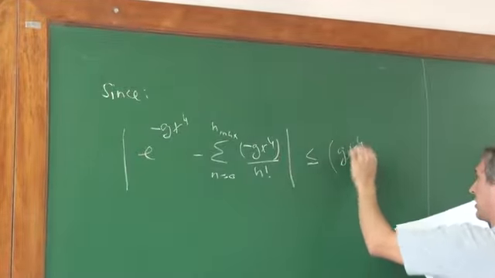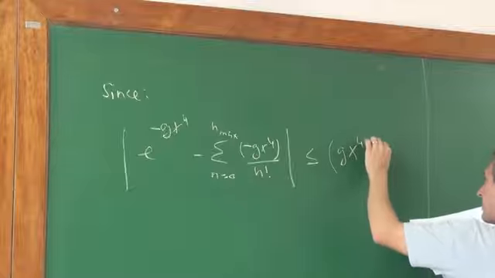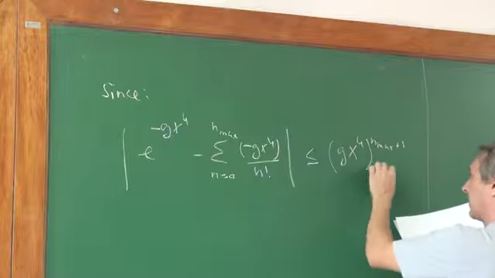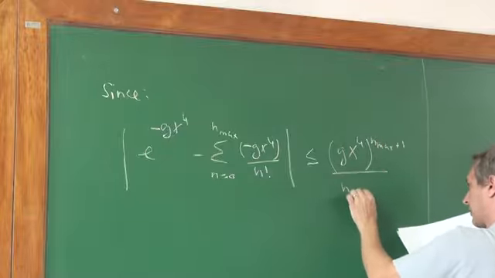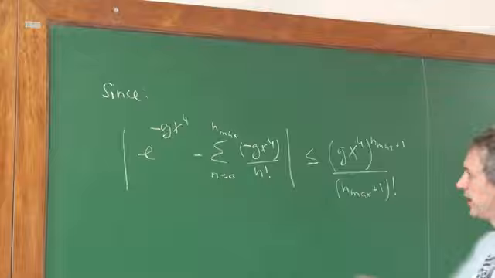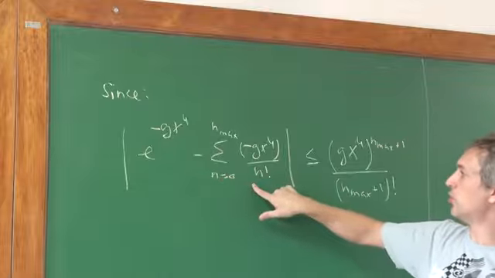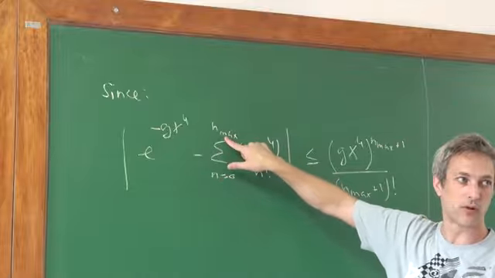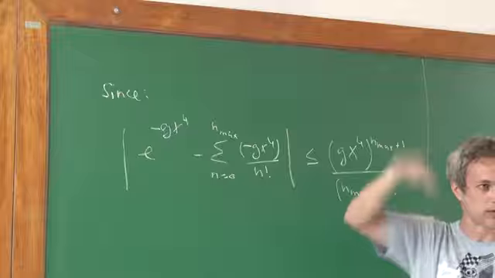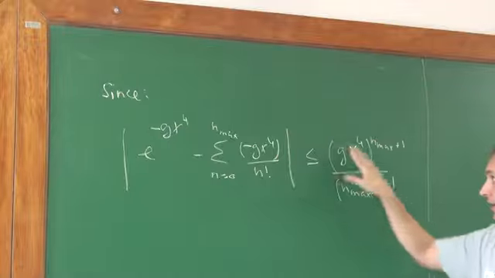So the difference will be smaller than the term with n max plus 1, divided by n max plus 1 factorial. It's just estimating the mistake that we make by cutting off this integral, and you can estimate it by the next order because it's an alternating sign.